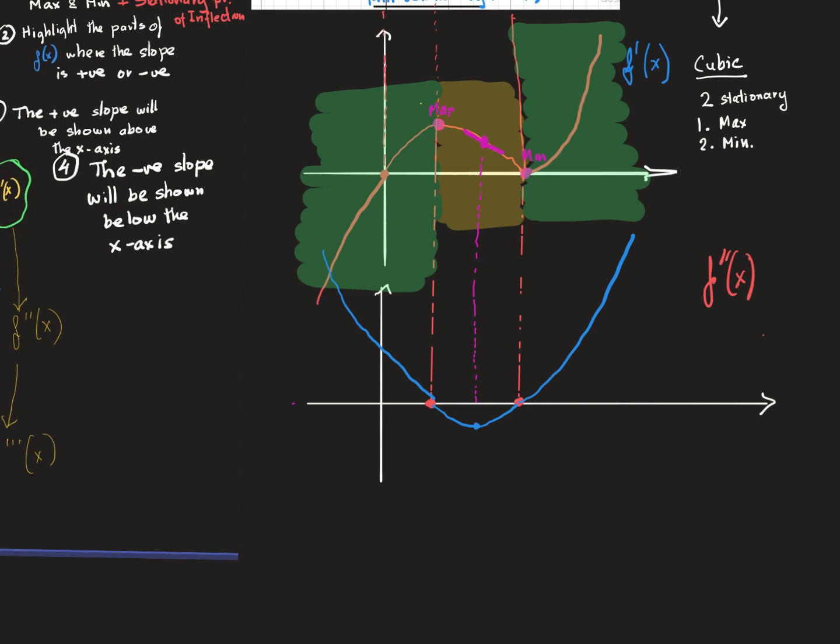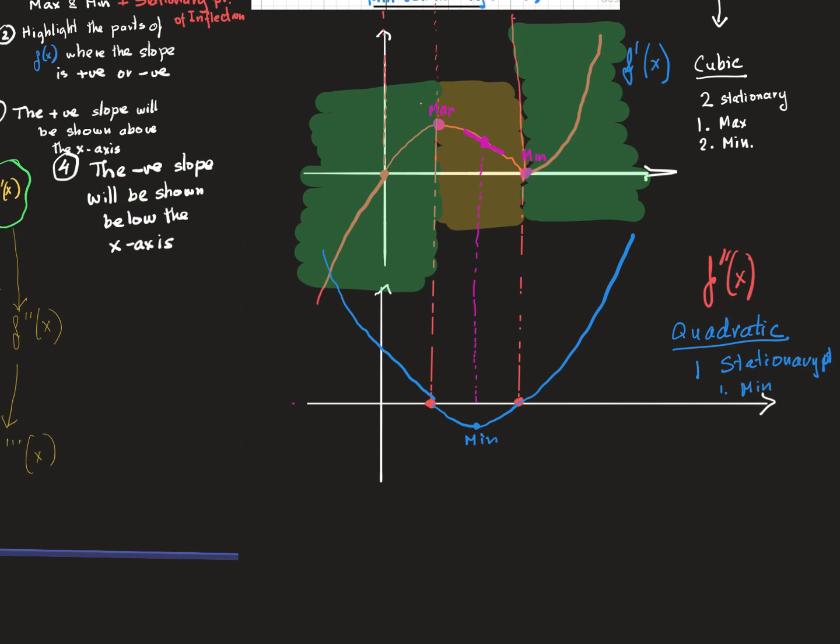So we now have another minima over here. And this now is our quadratic graph. A quadratic now has one stationary point, and in this case it will be a minima.